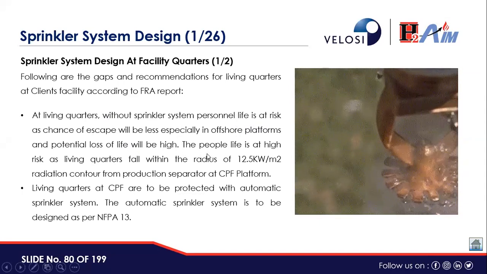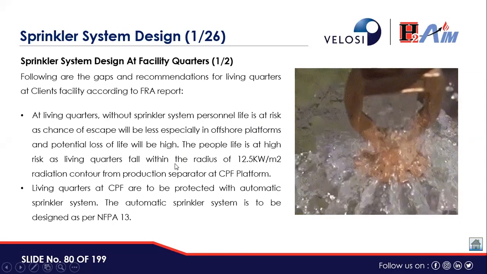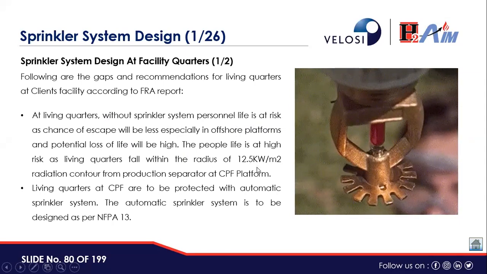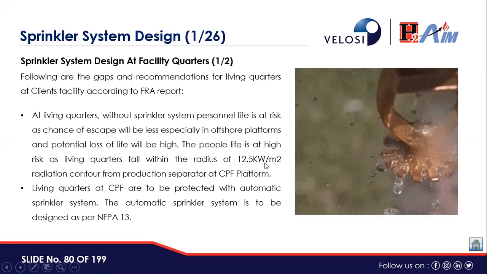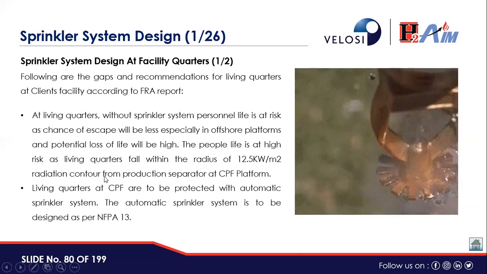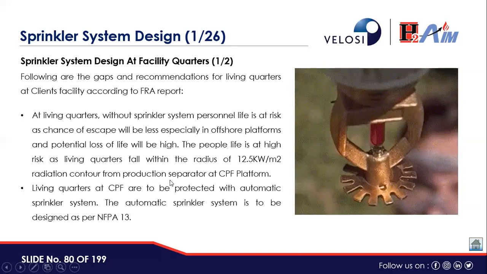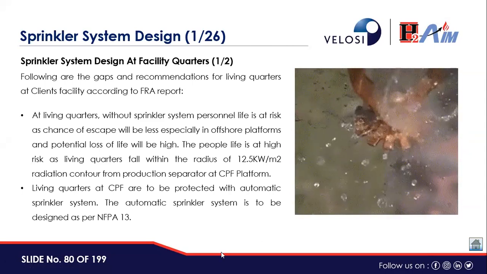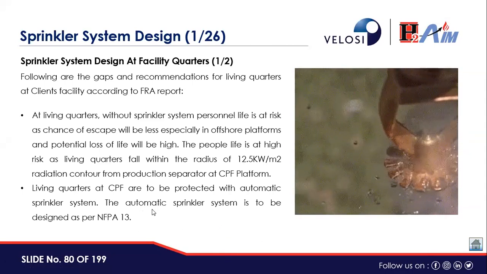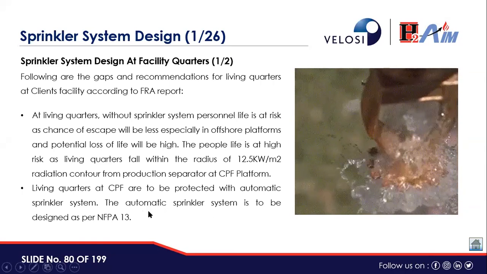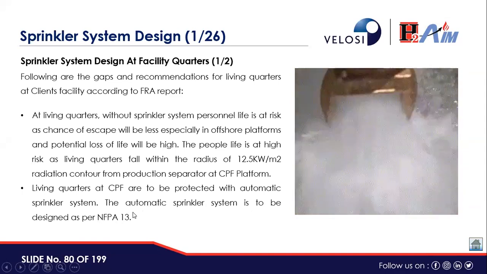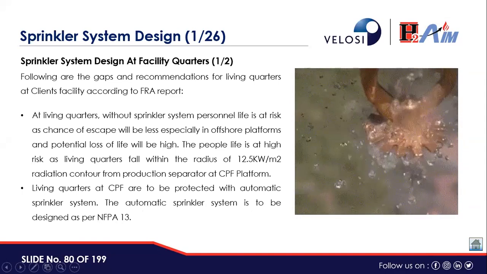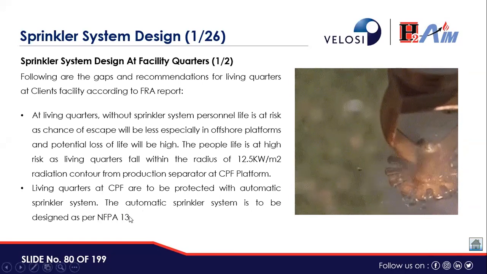People's lives are at high risk as the living quarters fall within the radius of 12.5 kilowatt per meter square radiation from the production operator at the CPF platform. Living quarters at CPF are to be protected with an automatic sprinkler system. The automatic sprinkler system is to be designed as per NFPA 13. So this was the recommendation.